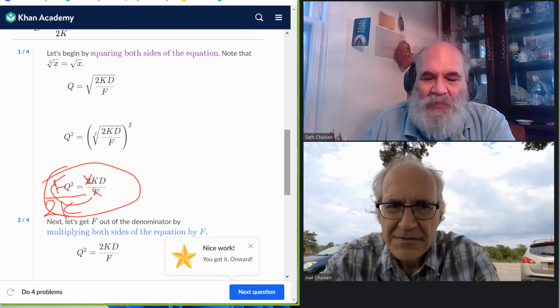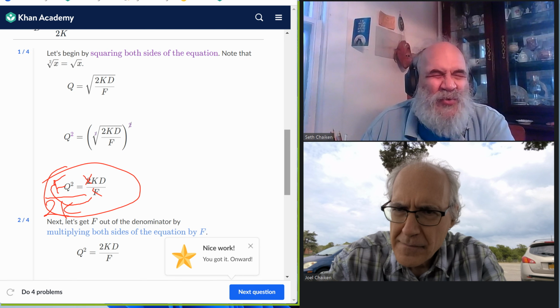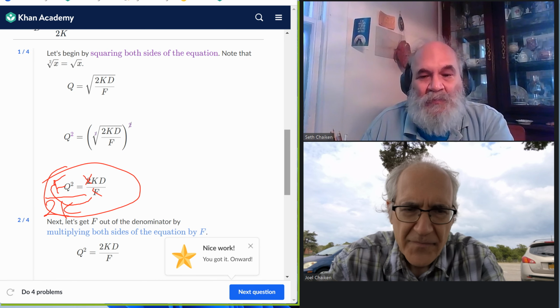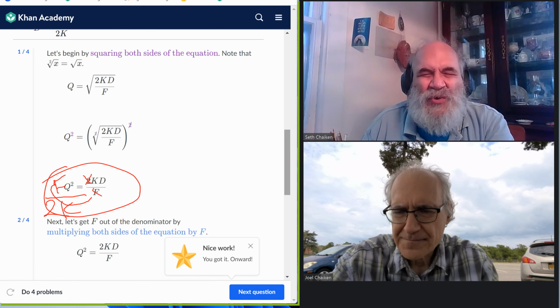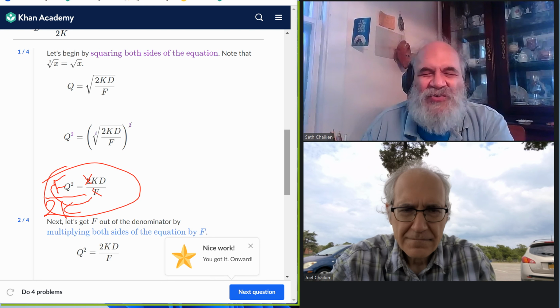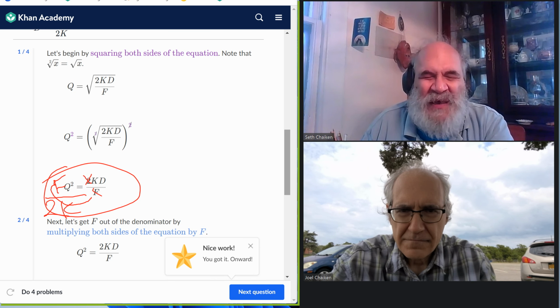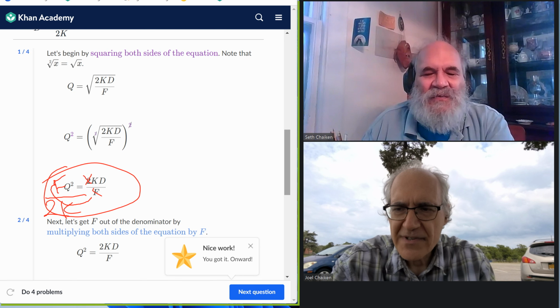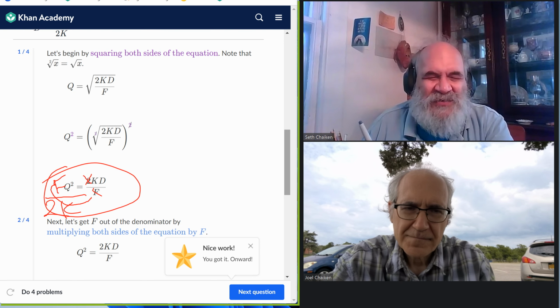But the point is, you would not go wrong. You could still shorten the calculation on paper by squaring both sides. There's a very reasonable. So squaring both sides is a good strategy as well.